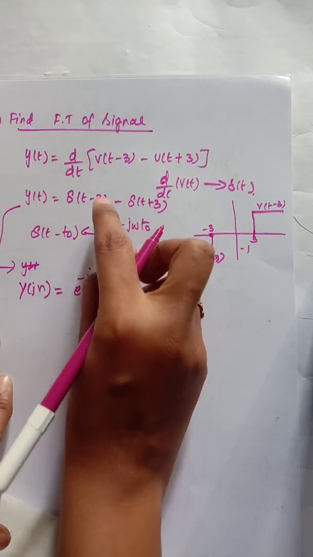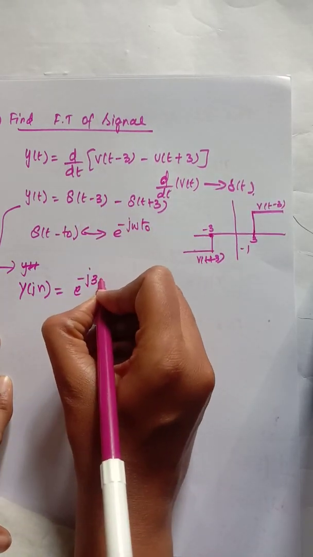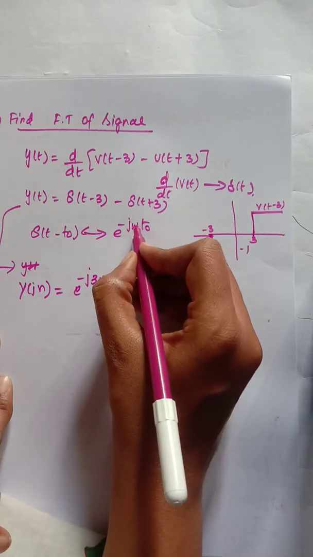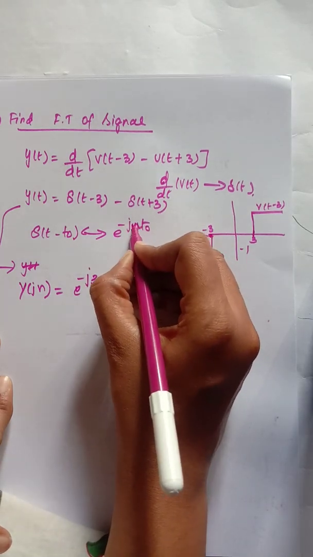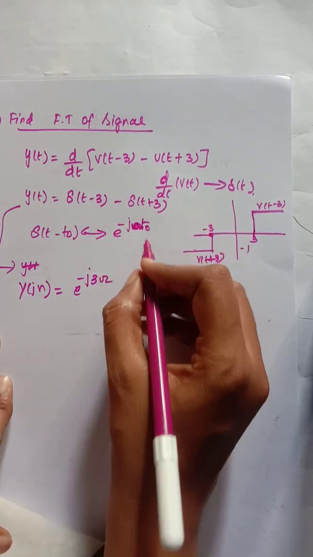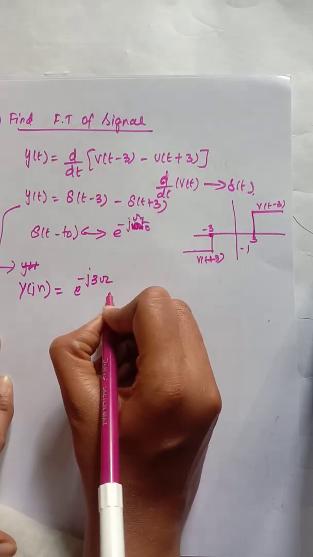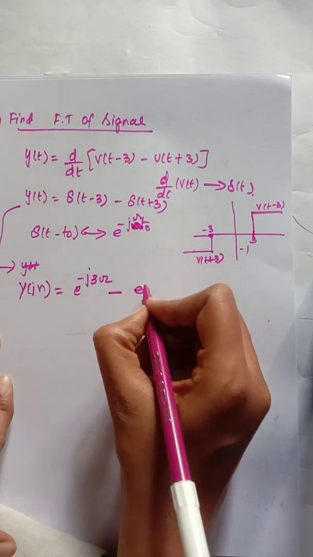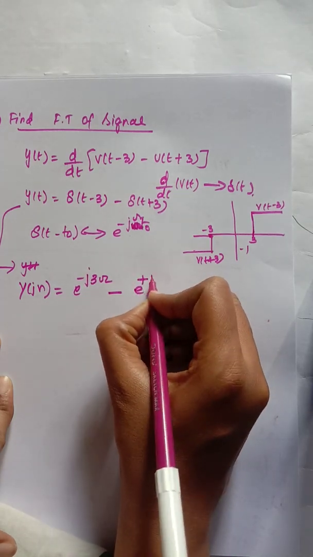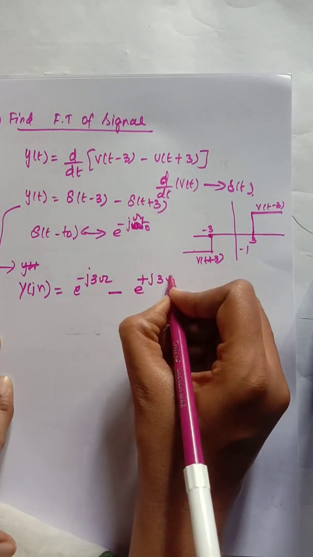Instead of t naught I am having 3, so it becomes e power minus j 3 omega, minus e power plus j 3 omega.